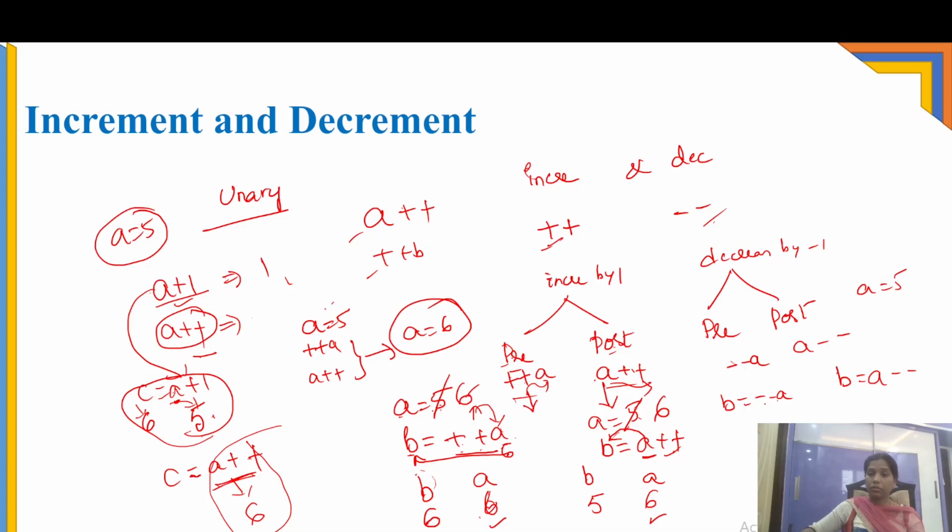So A equals 5, right? First decrease, so 4, then assign. 4 will be assigned to B and the value of A is 4. In this case A equals 5. First assign, the value of B is 5, then decrease, A will be 4. Okay.